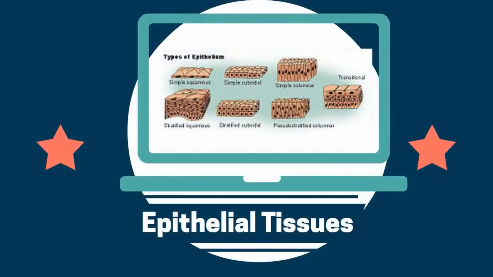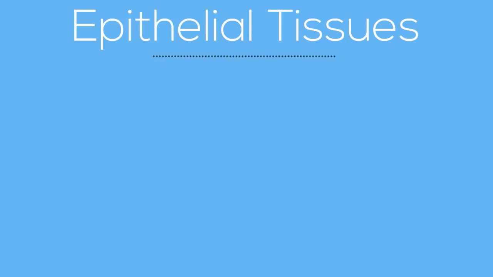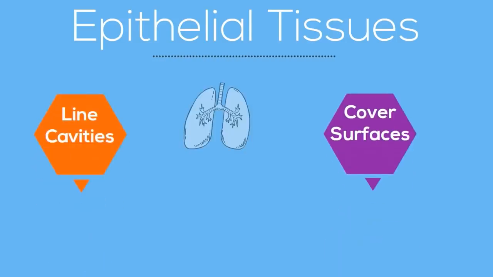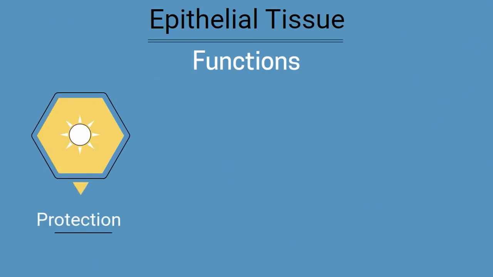Our body is made up of several different types of tissue. Our epithelial tissues line cavities and cover surfaces of vessels and organs. They provide several important functions. First is protection from such things as sunlight and pathogens.